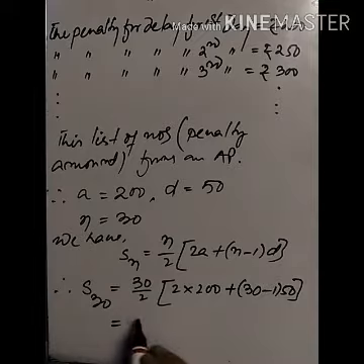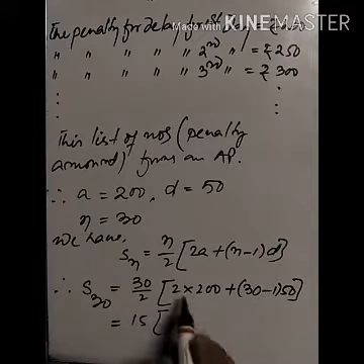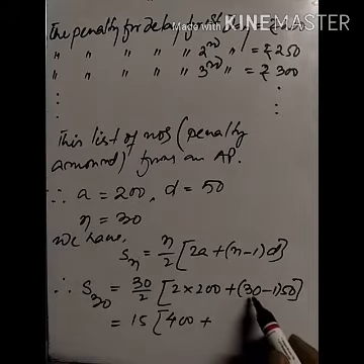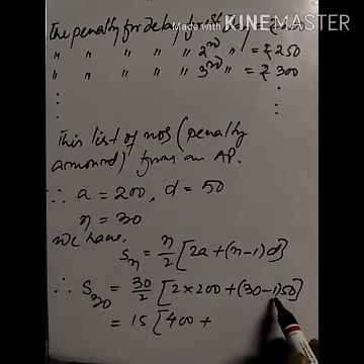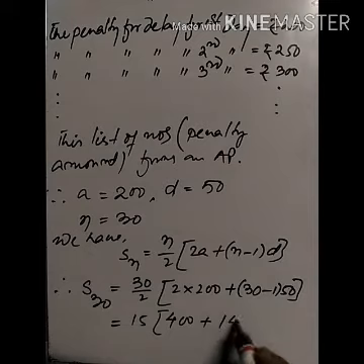So 30 divided by 2 is 15. 2 into 200 is 400, plus 30 minus 1, which is 29. 29 into 50 will be 1450.